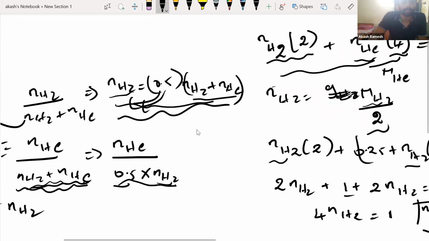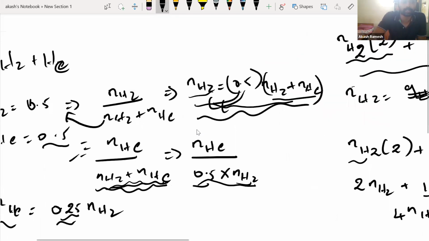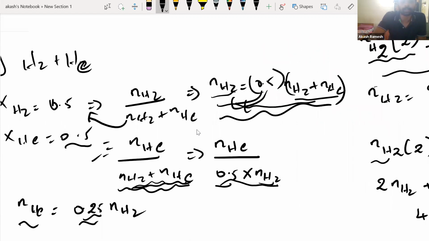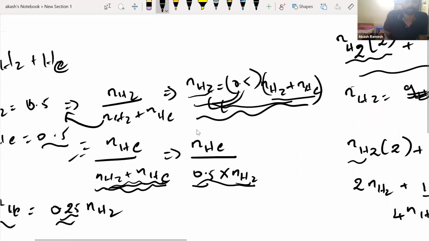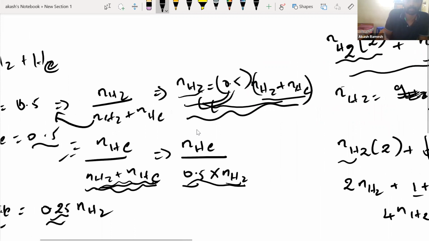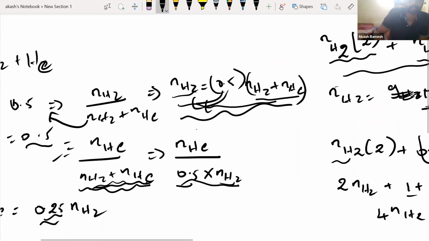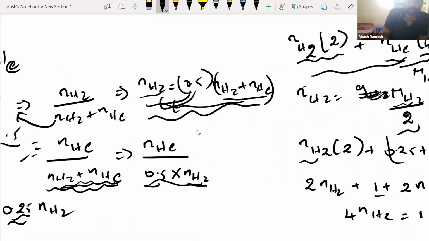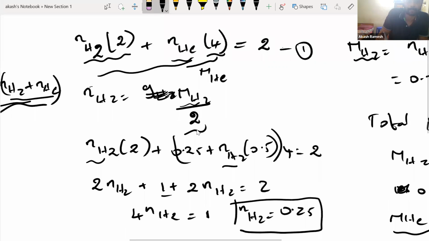Right. So now I find that the number of moles of helium is 0.25 into number of moles of H2. Right. So number of moles of helium is 0.25 into number of moles of H2, and this should be multiplied by 4.